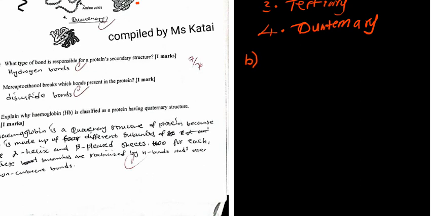As we said earlier, when you look at the secondary structure, you only find the alpha and beta pleated sheets. In these structures, you only find hydrogen bonds. Like in the alpha helix, you have the intra-chain hydrogen bonds, but in the beta pleated sheets, you have inter-chain hydrogen bonds. So the answer here is hydrogen bonds.